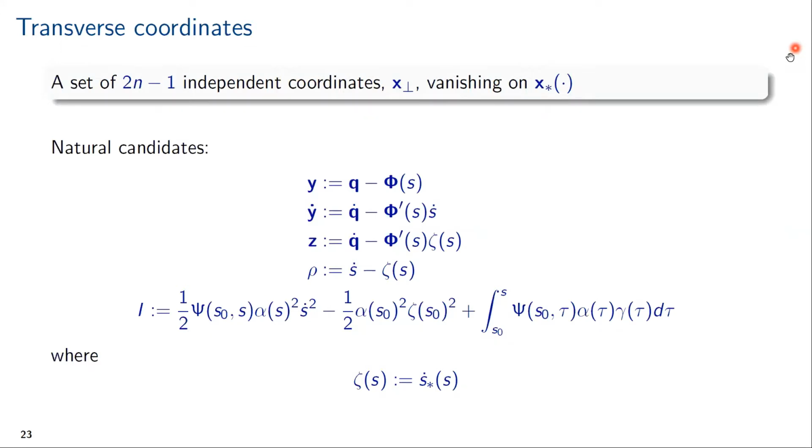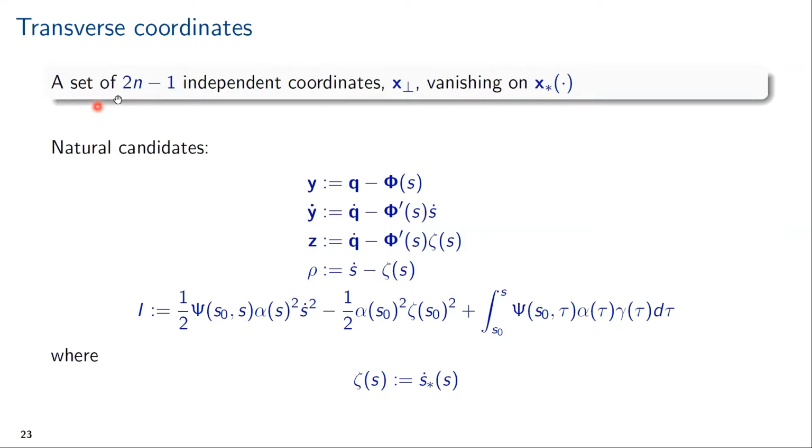This then brings us to choosing a so-called set of transverse coordinates, as I mentioned earlier. These are a set of 2n minus 1, since we have 2n states of the system. So there are 2n minus 1 independent such coordinates, which we denote by xperp, and which naturally have their origin on this nominal solution, so they vanish.